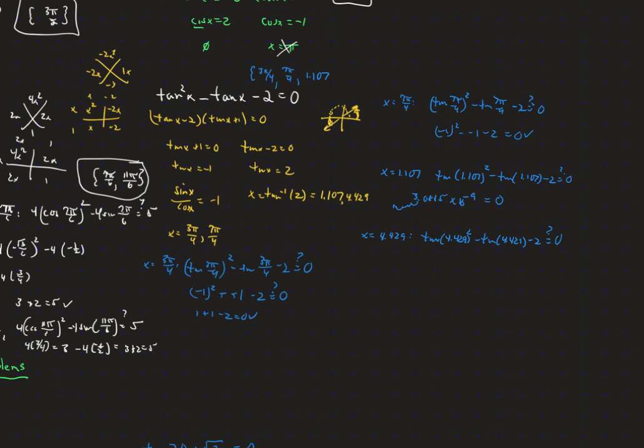So I'm going to go tangent, I'm going to up arrow to find that 4.2487 and so on. When I said 4, that's really a 2. Let me fix that. I mixed them up.